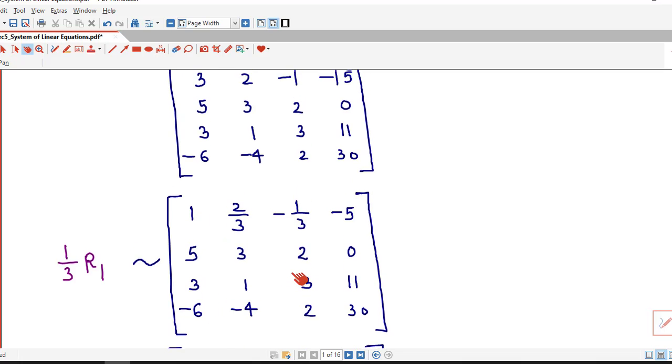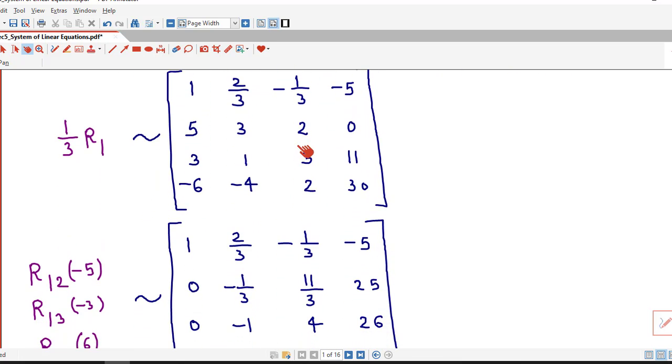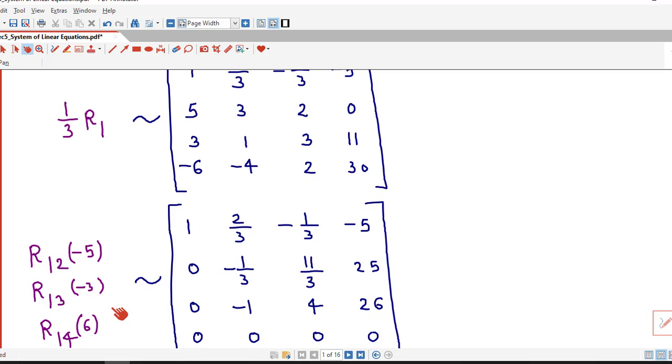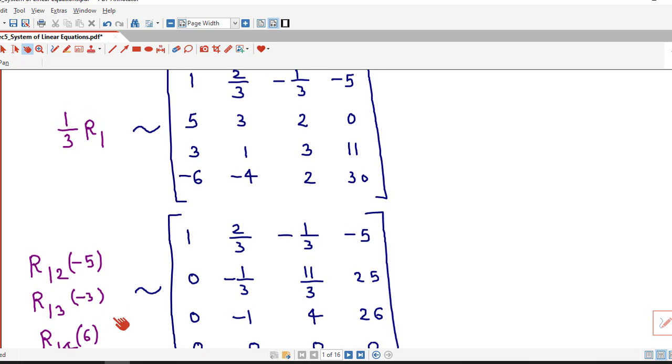So the operations are: multiplying the first row by -5 and adding to the second row, multiplying the first row by -3 and adding to the third row, and multiplying the first row by 6 and adding to the fourth row.